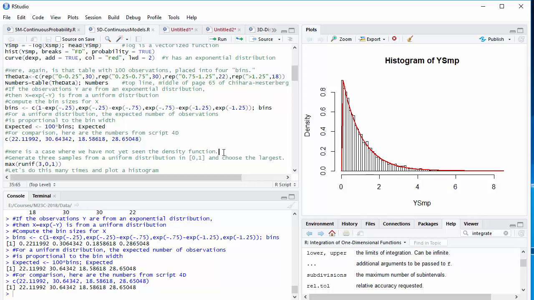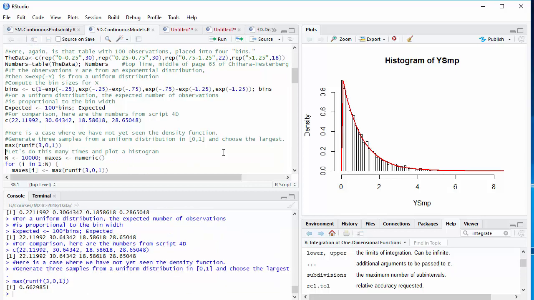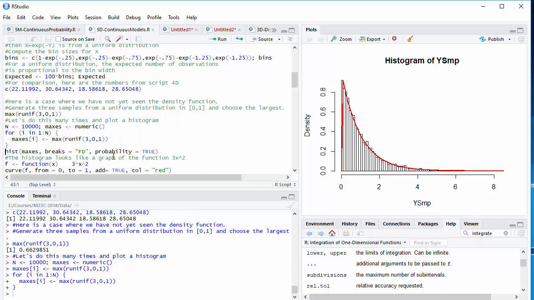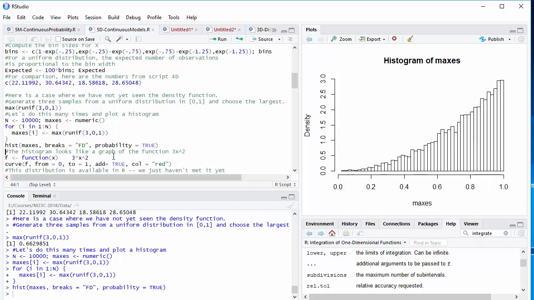So someone takes a test where he or she has an equal probability of getting any score from 0 to 1, but only submits the largest of the 3 test scores. We'll set up a numeric vector to hold the results of doing this 10,000 times, do it 10,000 times, and plot the histogram, and look at it.